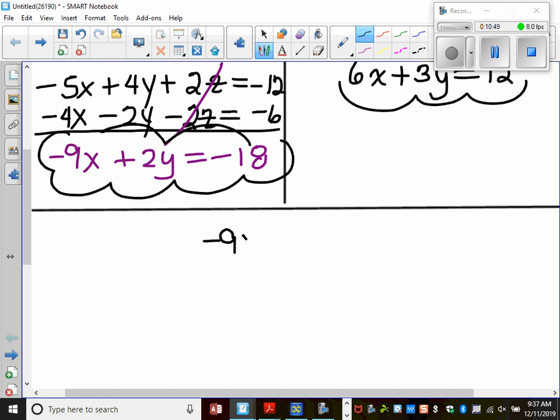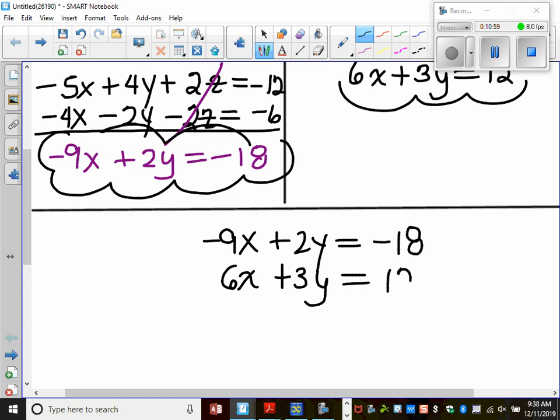So negative 9x plus 2y equals negative 18, and 6x plus 3y equals 12. So now I have one more system to work with. Now this is where you determine if you want to eliminate the x's or the y's. Okay, I'm just going to do the y's just because they're smaller numbers. All right, you can do the x's if you like.